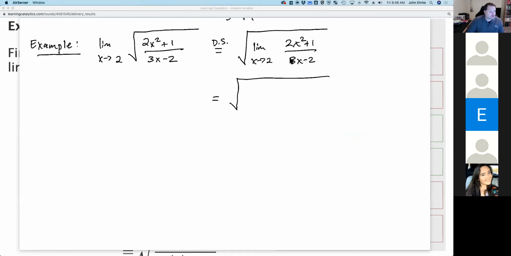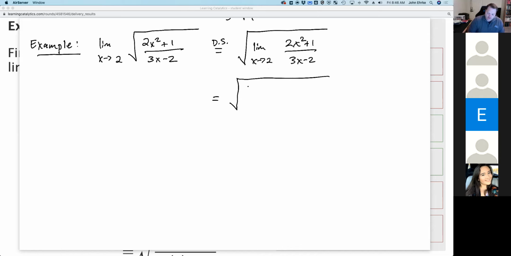If I look at the things that are inside the square root, it's just a rational function. And we know that rational functions have the direct substitution property as long as their denominators aren't 0. So if you plug 2 into this function, you can immediately see that the denominator is not 0. So I know I'm not going to have to do any fancy algebra here, that this is going to directly substitute.